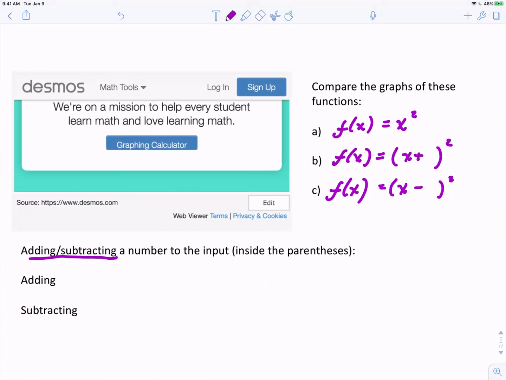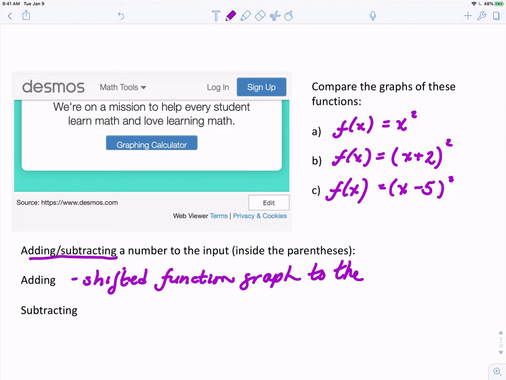So we looked at f of x is equal to x plus 2 squared, and we looked at f of x is equal to x minus 5 squared. So adding shifted the function graph to the left, and subtracting shifted the graph to the right.